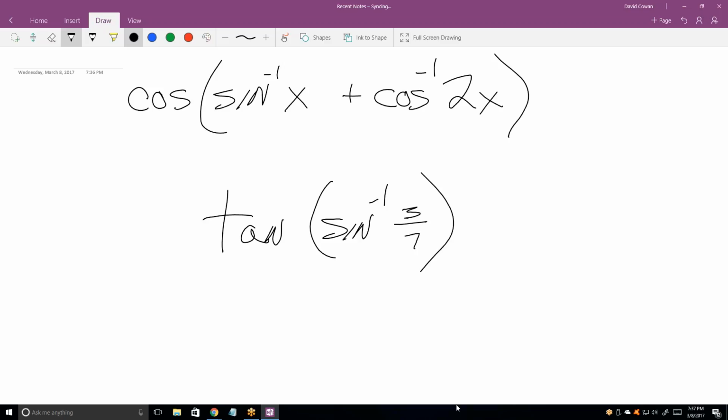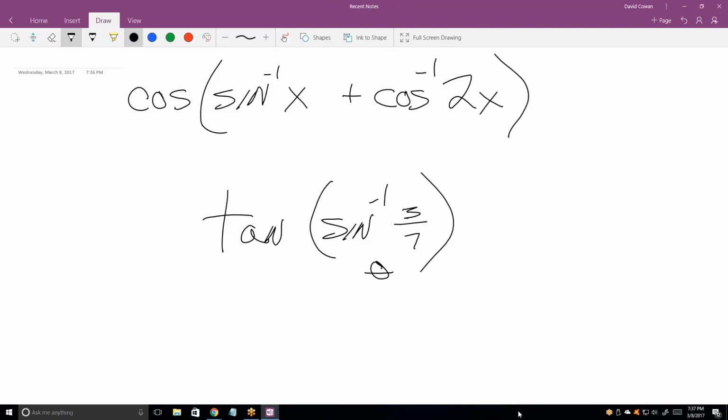Remember what we did? What was the first thing we did? Not the top problem, but the middle problem. Called this theta. That's always the first step, to recognize that that's an angle.